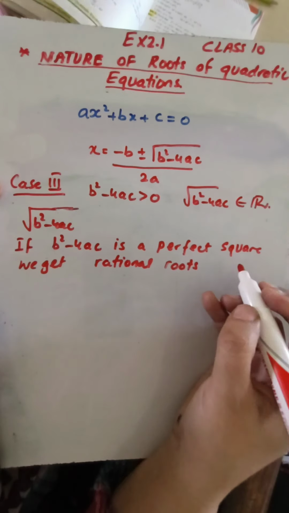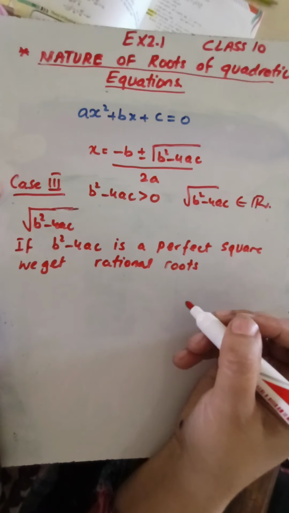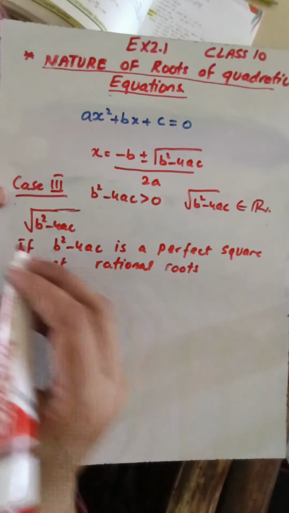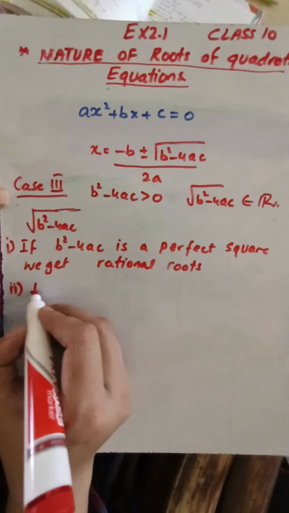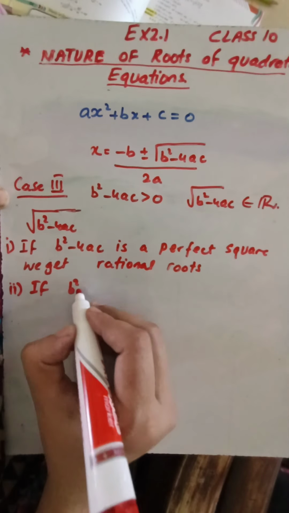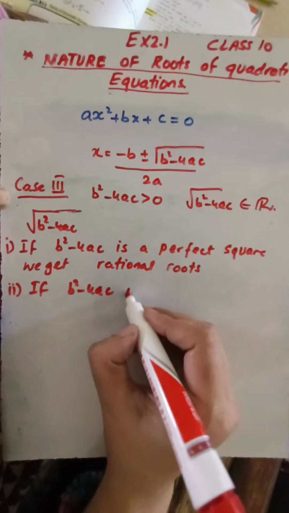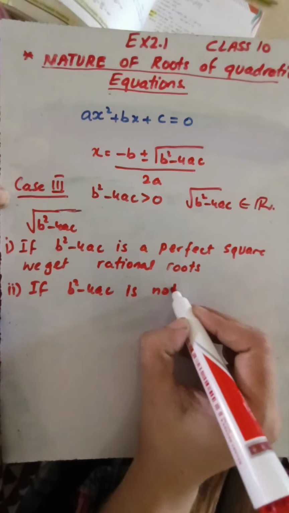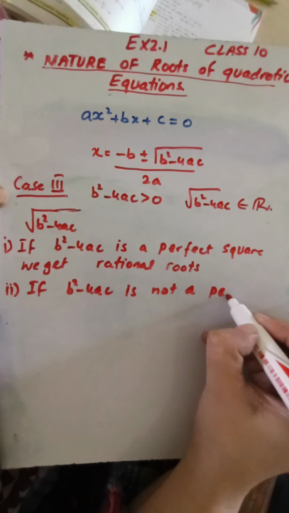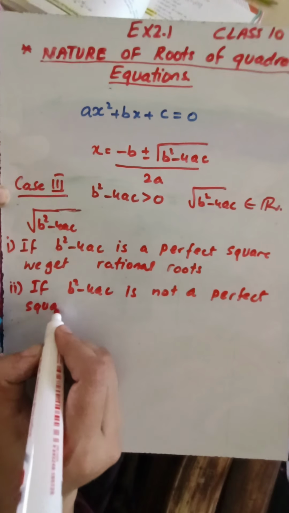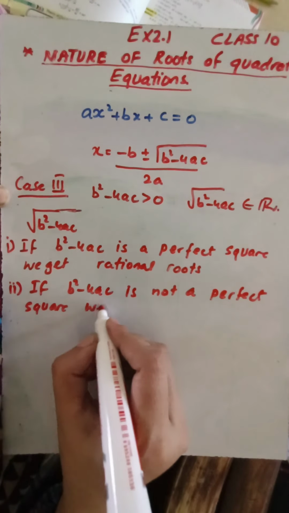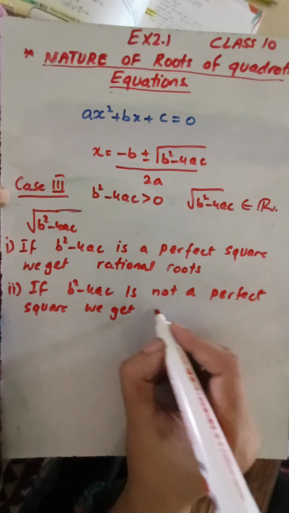What are rational numbers? Those which can easily be written in the form of a fraction. And the second thing is that if b square minus 4ac is not a perfect square, then we will get irrational numbers.